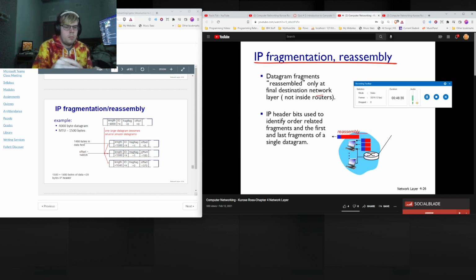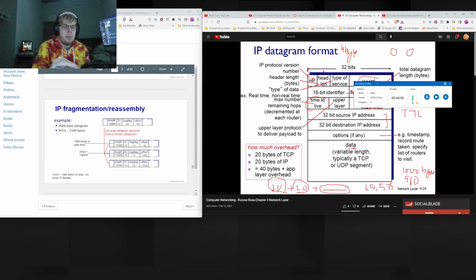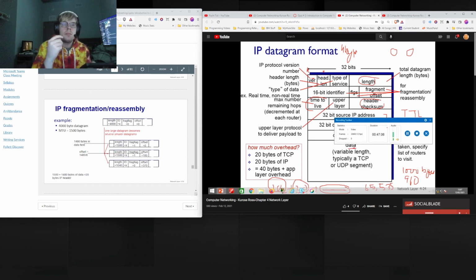IP header bits are used to identify the order of the fragments and the first and the last fragment of a single datagram. So there are certain bits in the header which are used to identify the fragments. For example, if I go to the IP header over here, we have the fragmentation offset, flags and 16-bit identifier. So these 3 fields are used for fragmentation and reassembly.